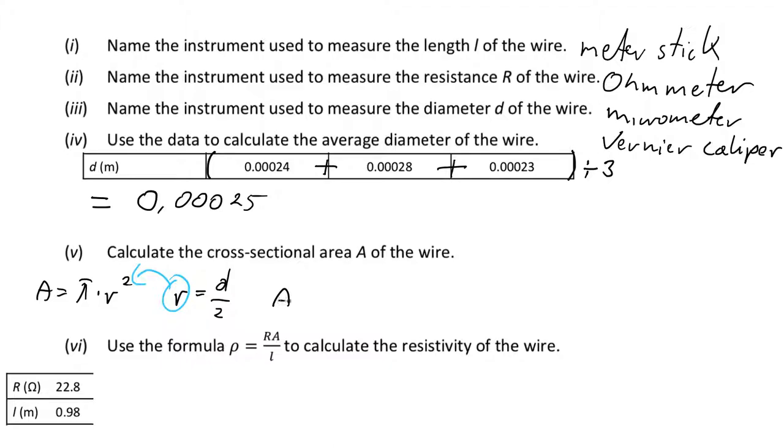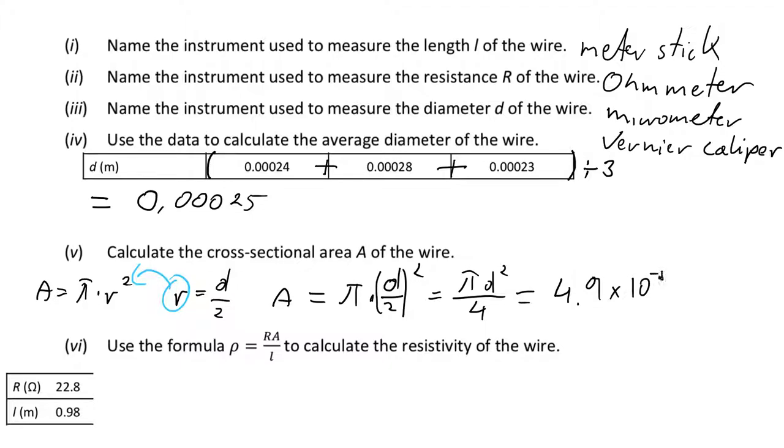So to do that, let's substitute d over 2 for the radius. Area is equal to pi times diameter over 2, all that in the bracket, and let's square it, and that turns into the formula of pi d squared over 4. And if you substitute the values, so 0.00025 into our d, we'll get that the area is equal to 4.9 times 10 to minus 8 meters squared. Quite a small area, but obviously that has to be true because it's a narrow wire.